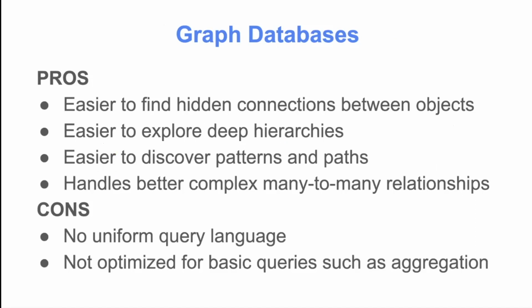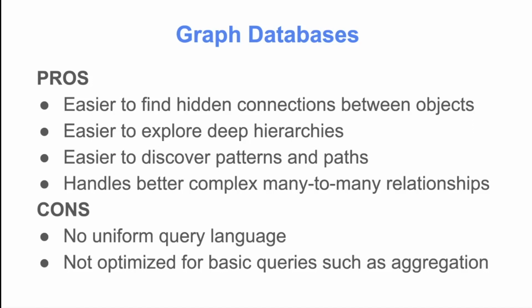First, since we have different pathfinding algorithms on graph databases, it's really easy to find hidden connections between objects. As I mentioned, deep hierarchies are easy to explore because it's just a simple algorithm.